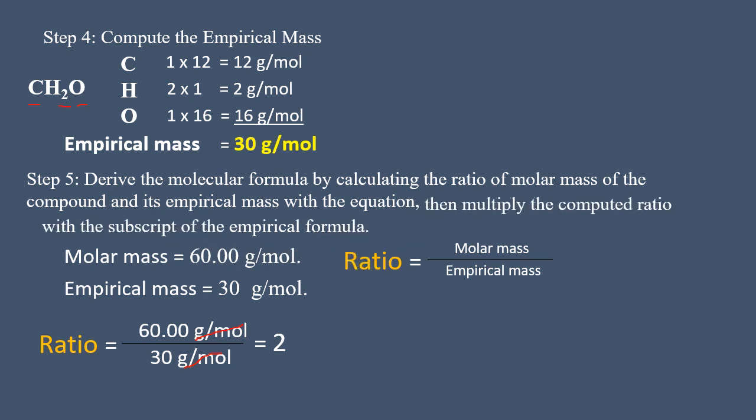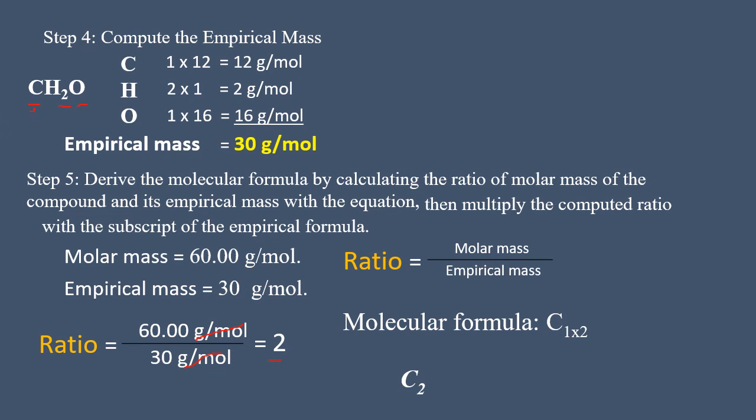And finally, multiply the computed ratio with the subscript of the empirical formula. So, for carbon, we have one atom of it in the empirical formula multiplied by the computed ratio, which is 2. So that would be 1 multiplied by 2 will give you 2 atoms of carbon.